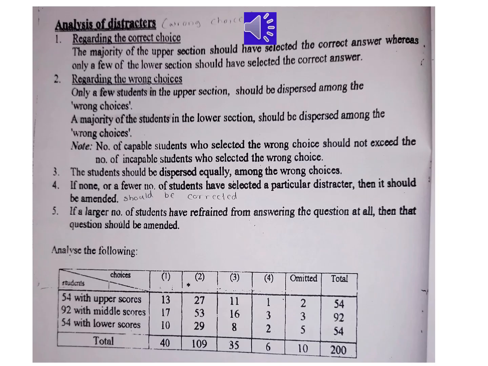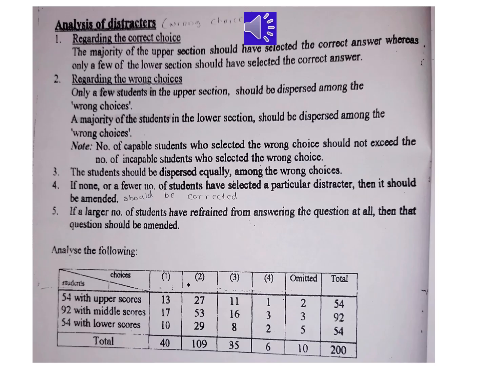In this case, 27 from the clever students have selected the correct answer, but 29 from the weaker students, both are equal to 27%. But 29 have selected the correct choice as the correct answer.